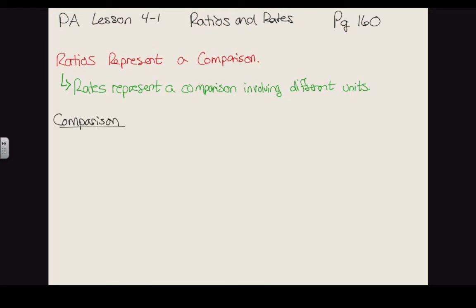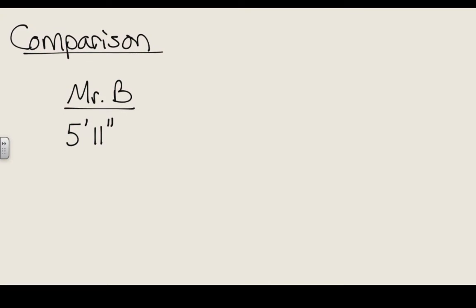You should know that I am 5 foot 11 inches. I never made it quite to 6 feet. What we're going to do today is compare my height to one of your heights. So, Landon Smith. 3'2".